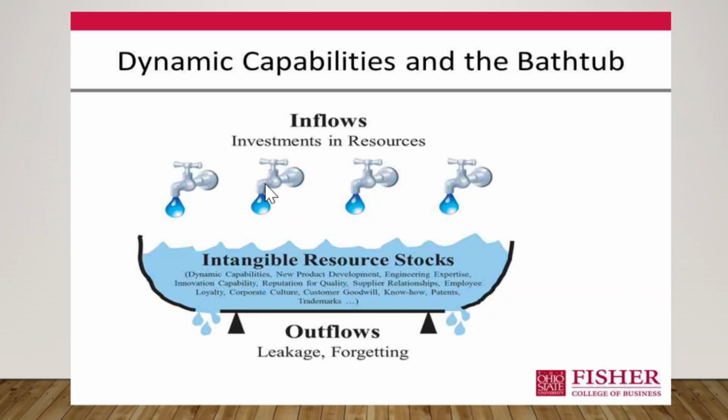So, the faucets indicate investments the firm can make in different intangible resources. So, kung gaano kabilis mapuno yung bathtub natin depends on yung flow of water from the faucets. So, it depends on our investment in our intangible resources.